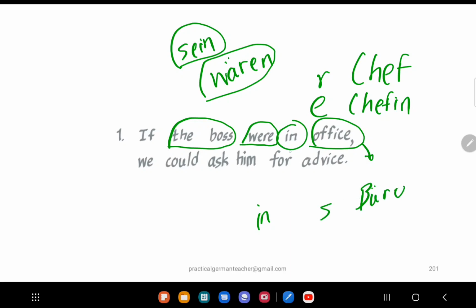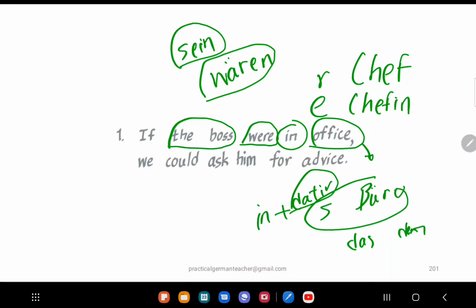When you use in in this situation, because you are just describing a static position, what comes after in will be dative. So das Büro, this das will become dem because it is dative.